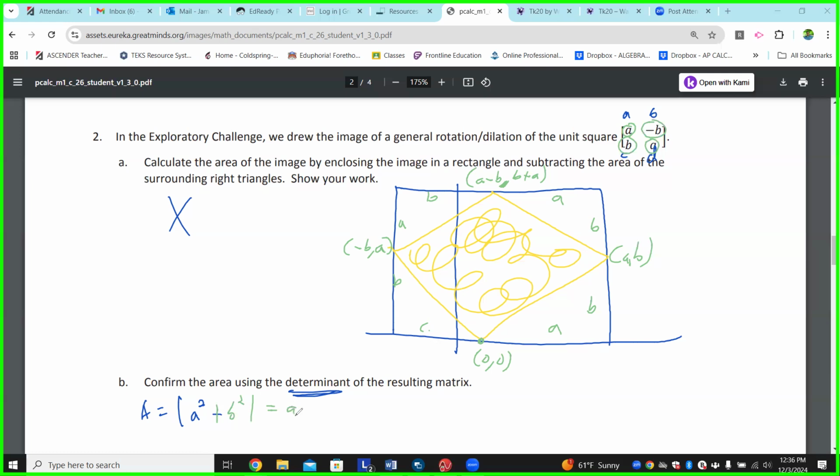So you could just write it out as A squared plus B squared. No, it'd be A times A. You don't have to, it just looks cleaner to say A times A, but you could technically write it as A times A minus B times negative B, which then simplifies out to the other side.